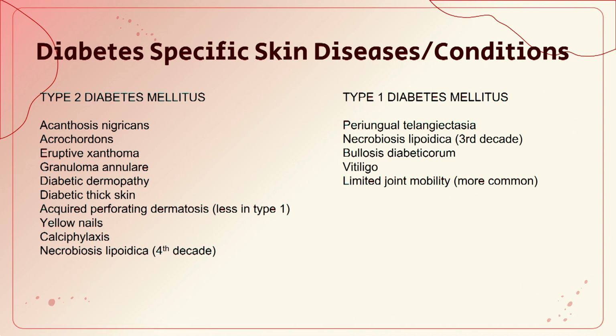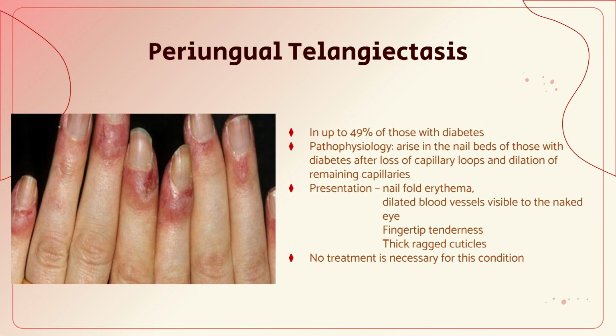So I've just enlisted some of the most common or well typified conditions seen in type 2 diabetes as well as in type 1. And I'm just going to walk you through some of them, highlighting some of the important features associated with them. So periungual telangiectasis, as the name suggests, we've seen it in up to 49% of those with diabetes.